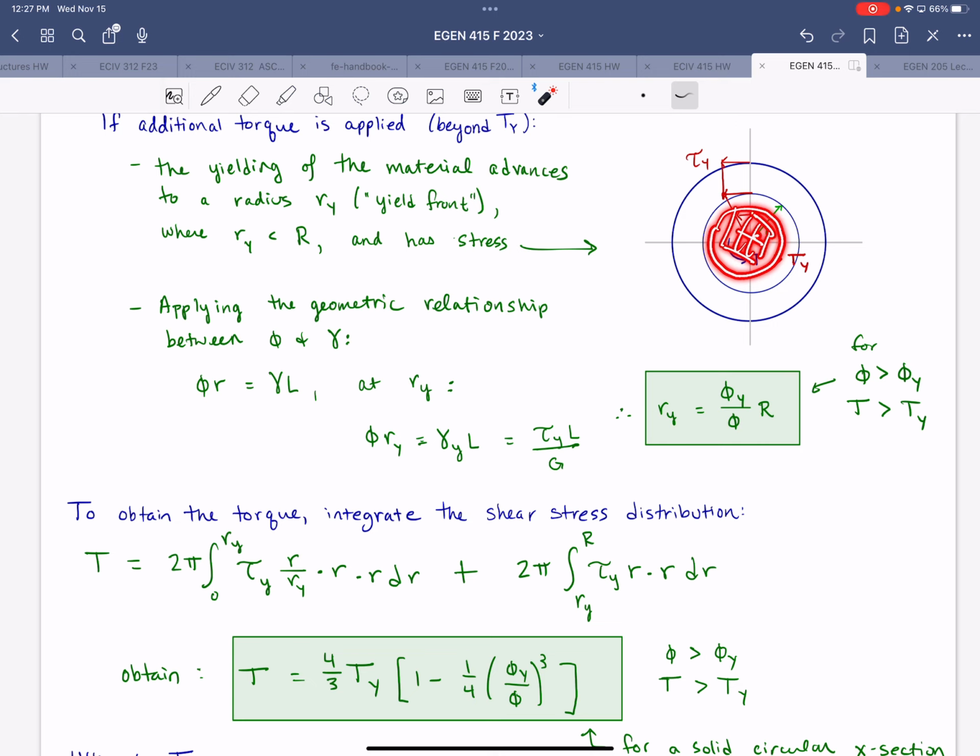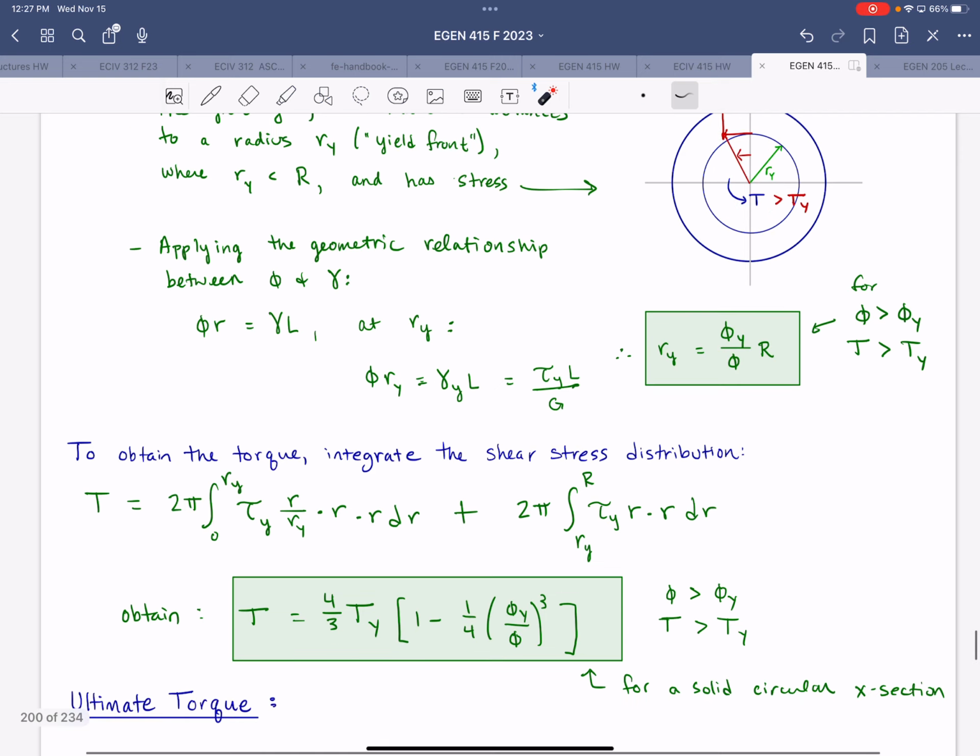For that portion within the hollow section, your stress distribution would still be a linear relationship to a 0 point here, but there just wouldn't be any material there to experience that stress. So you wouldn't be integrating from 0 to Ry, you would be integrating from the inner radius to Ry.